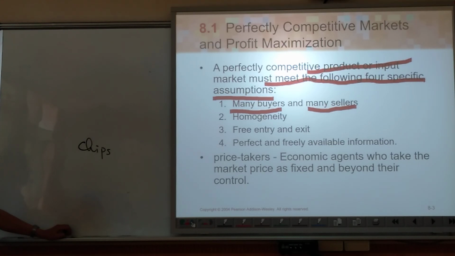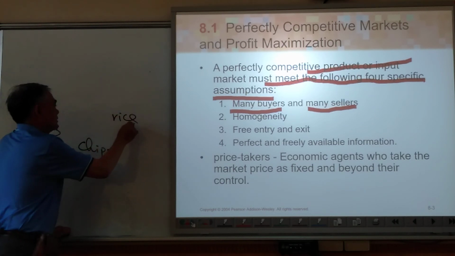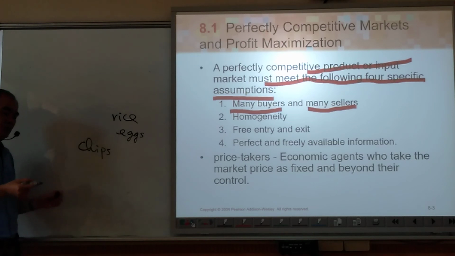Why is there a shortage of computer chips? Suppose there is a shortage of computer chips, because of the pandemic. And supposedly, if there's a shortage of rice or a shortage of eggs, what would you do?